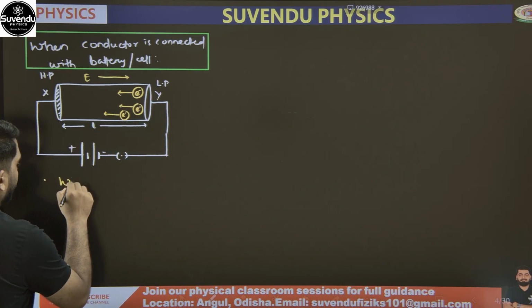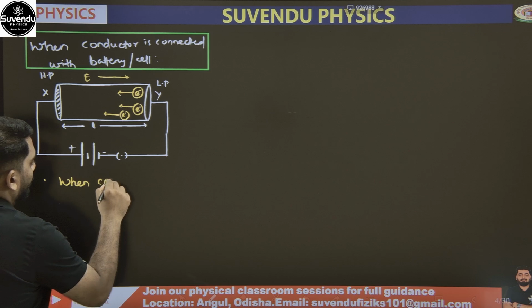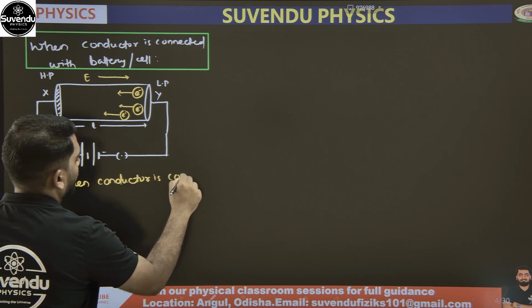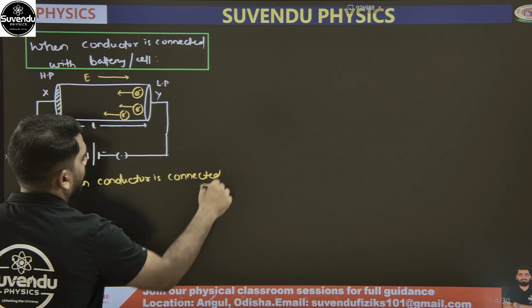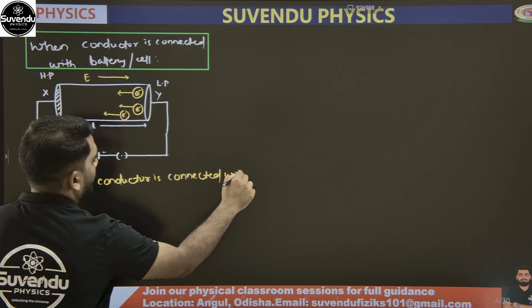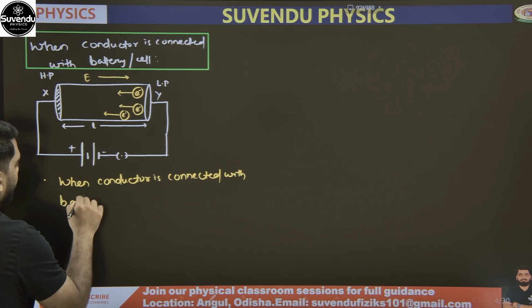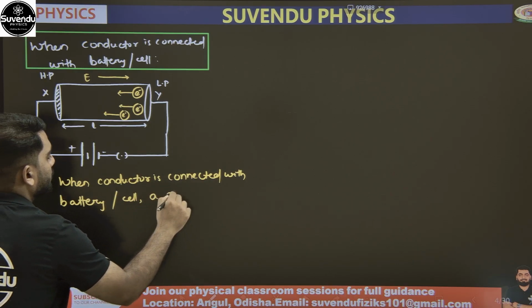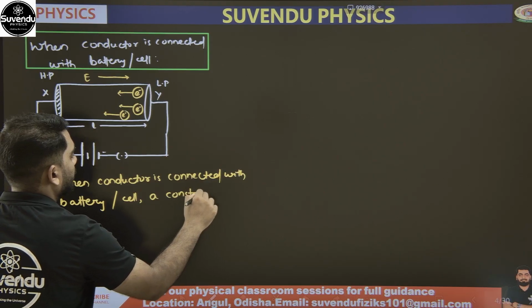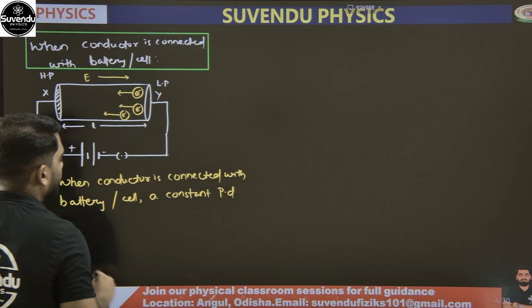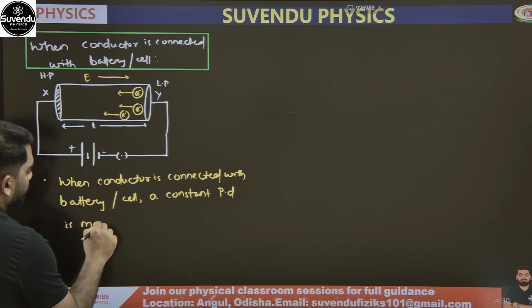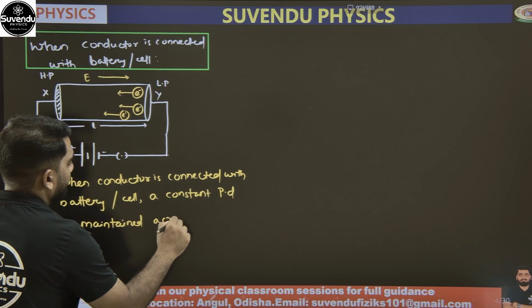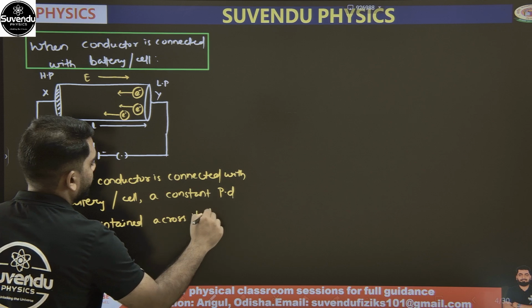So when conductor is connected with battery or cell, a constant potential difference is maintained across its two ends.